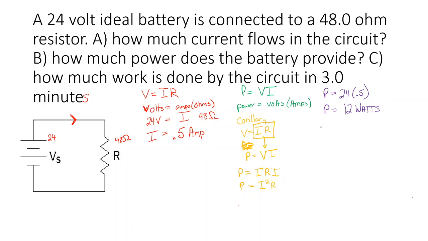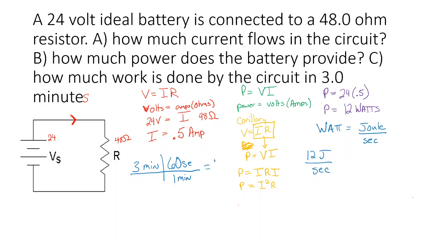And then it says how much work is done by the circuit in 3 minutes. Well, then we just kind of get a unit analysis. What is a watt? Well, a watt is equal to a joule per second. So this would be 12 joules happening every second. And in 3 minutes, every 1 minute is 60 seconds.